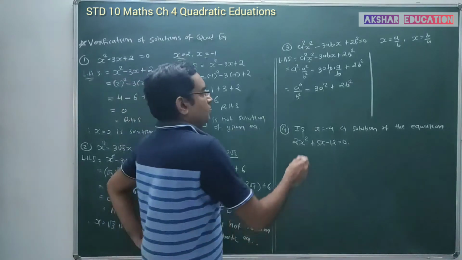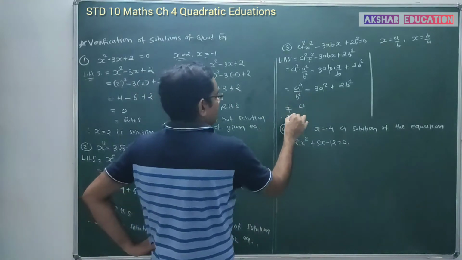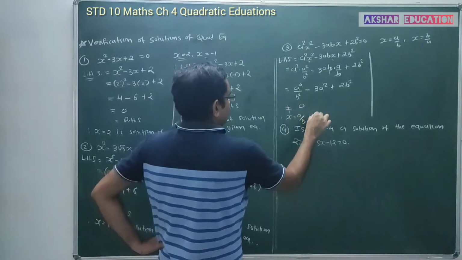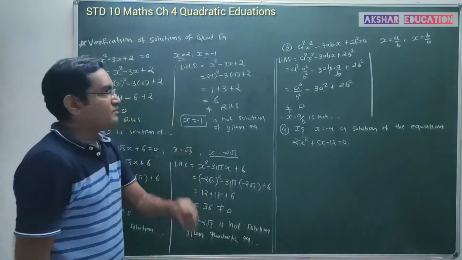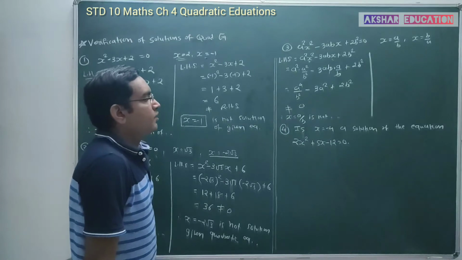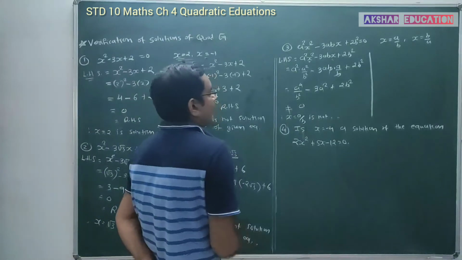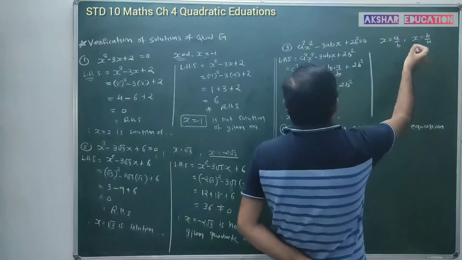No. So this is not equal to 0. So we can say that x equal to a by b is not the solution of the given quadratic equation. Clear? Whatever you do, this will not be 0. Now again you have to check for b by a.